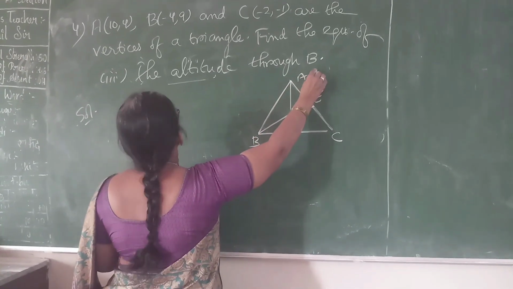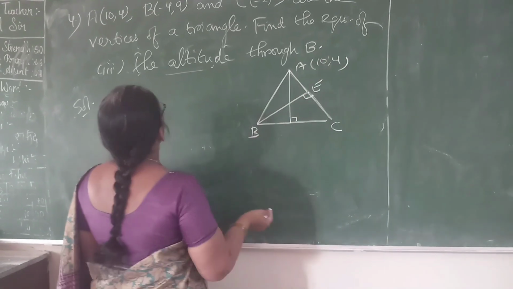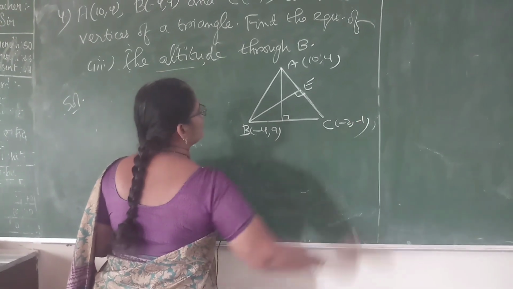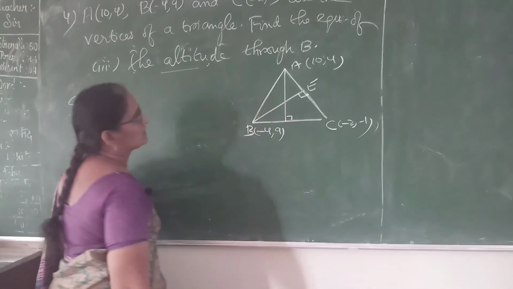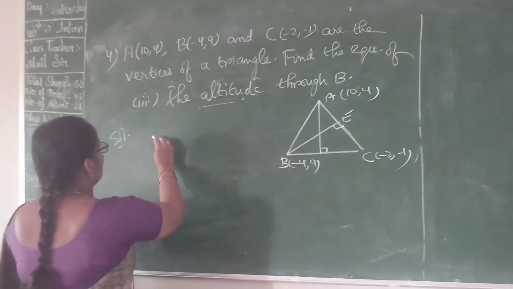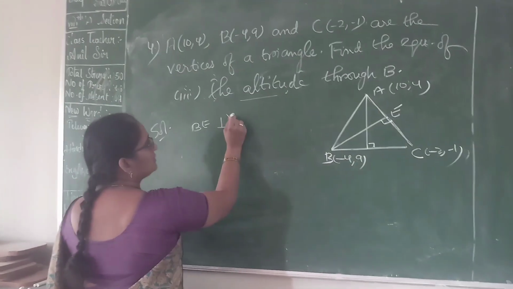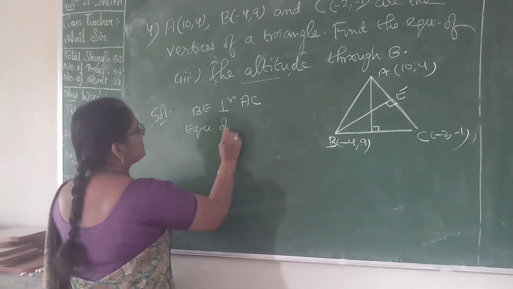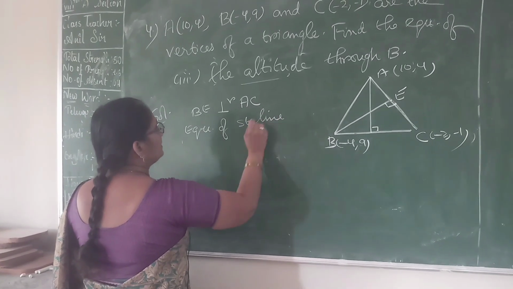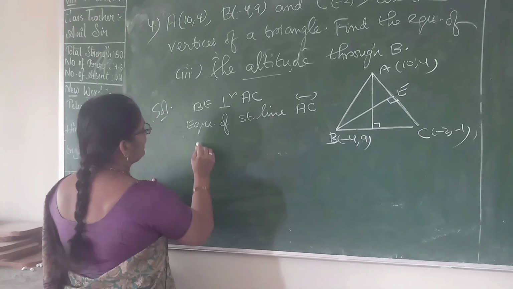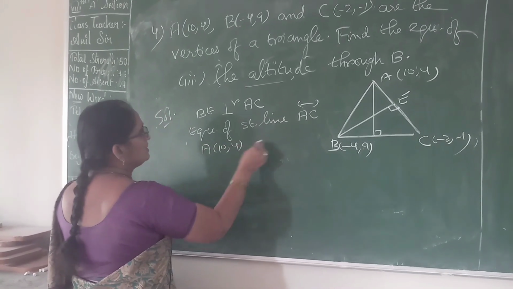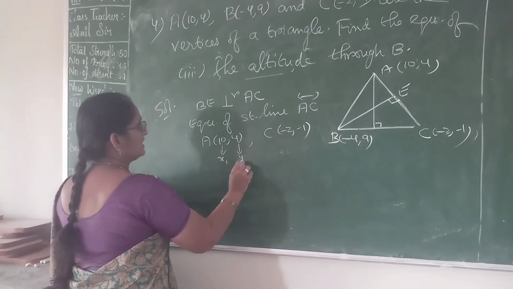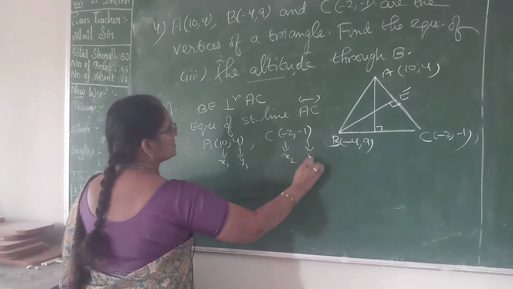Again write down the points: A is 10, 4, B is negative 4, 9, C is negative 2, negative 1. Here BE is perpendicular to AC. So first find the equation of straight line AC. A is 10, 4 and C is negative 2, negative 1. This is x1, y1, x2, y2.